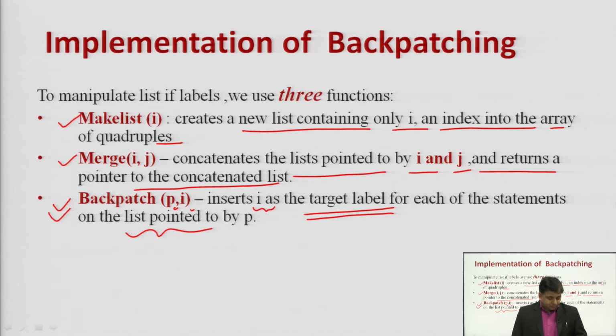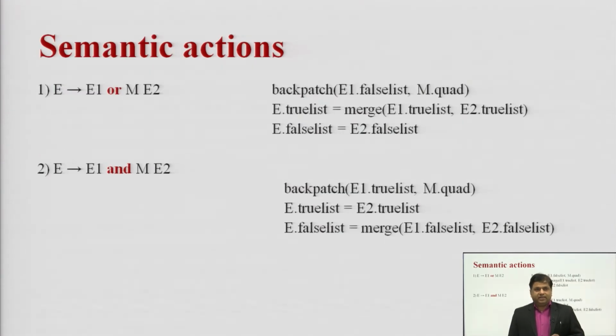Right. So, before going to the concept of backpatch, we have to learn the semantic actions for Boolean expressions. For example, this is my grammar, E derives E1 or M E2, and these are the semantic actions. We have to find a true list, we have to find the false list, and we have to find the backpatch, right. So, E derives E1 or M E2.